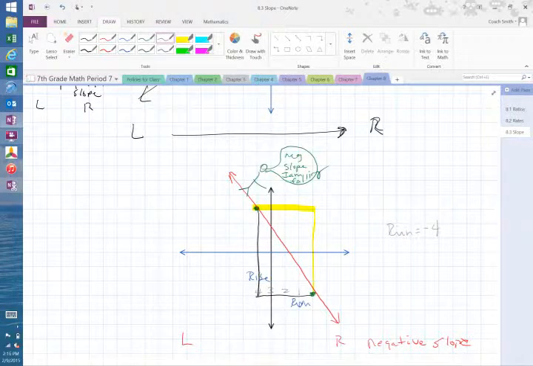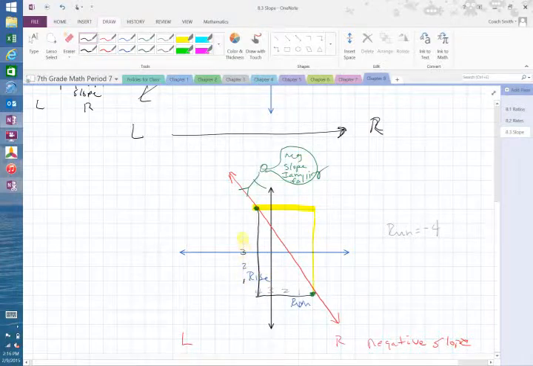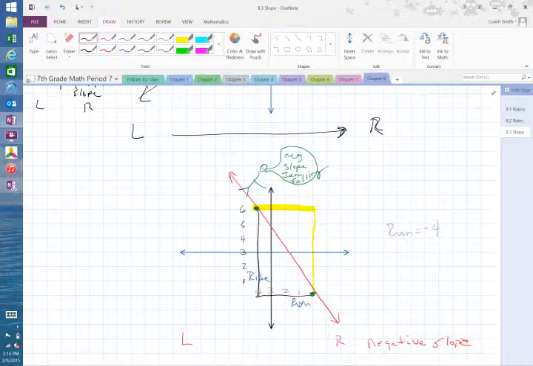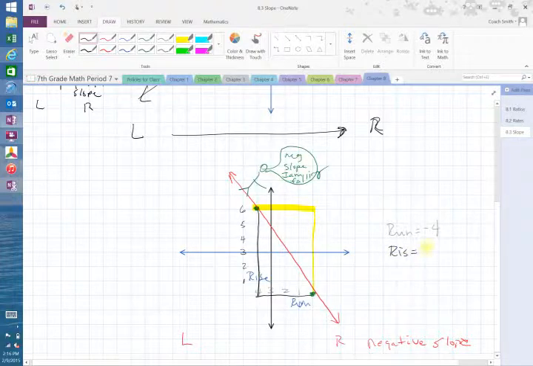Then my rise would be 1, 2, 3, 4, 5, 6. Okay? And that would be going up. Up is positive. Heaven is positive, Satan's home, negative. Okay? So therefore I go up 6. So the rise is equal to a positive 6.